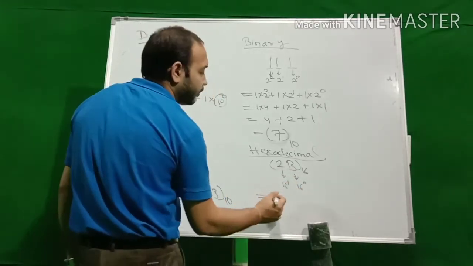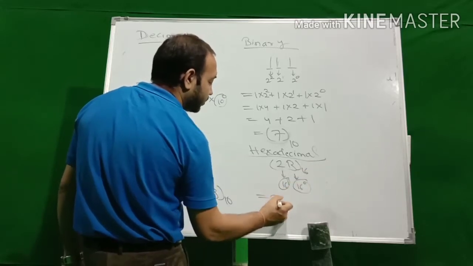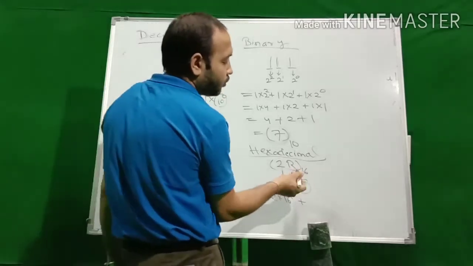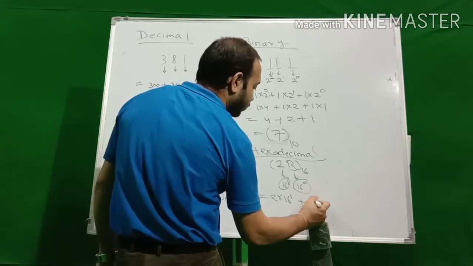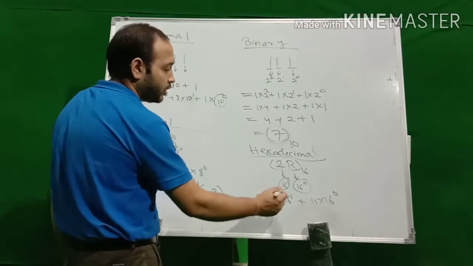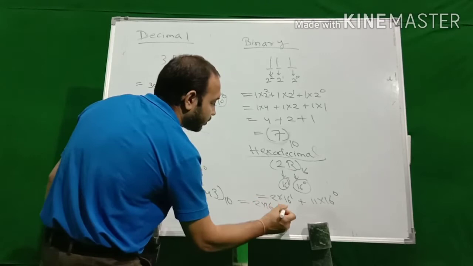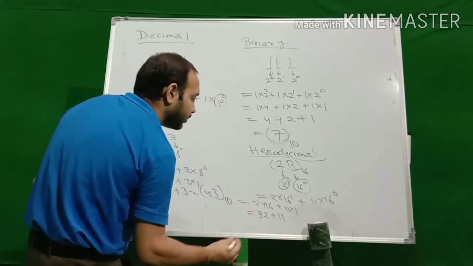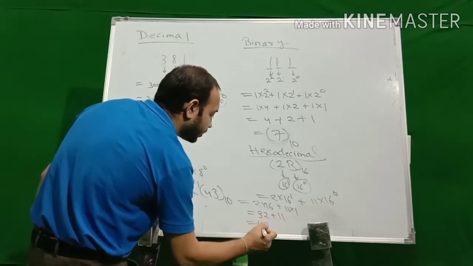Now again if you multiply the digits with the weights, then 2, and B means what? In hexadecimal, B means 11. So you have to write 11 into 16 power 0. Now if you solve, 2 into 16 plus 11 into 1, so it will be 32 plus 11, so it will be 43.